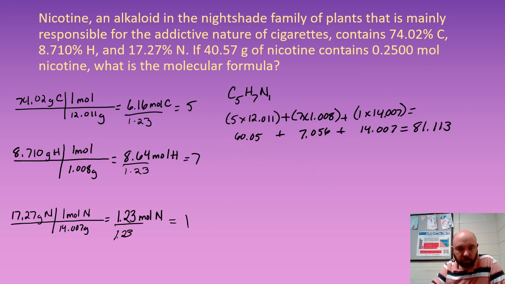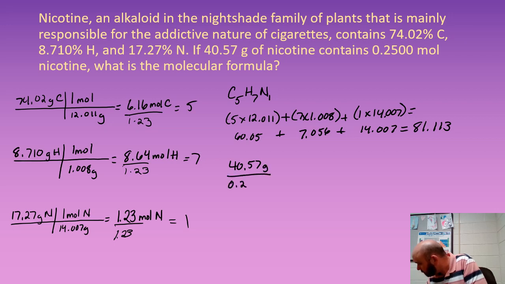So this will look like this. 40.57 grams divided by 0.25 moles will equal 162.28 grams per mole.